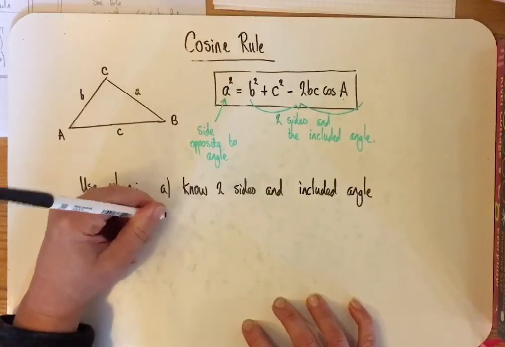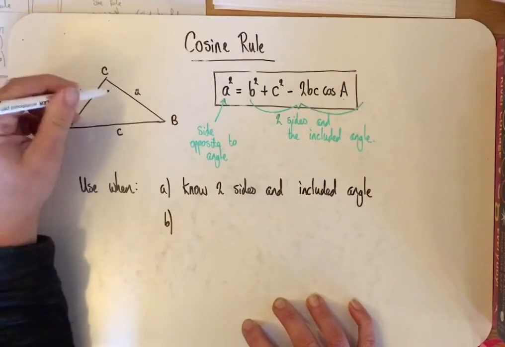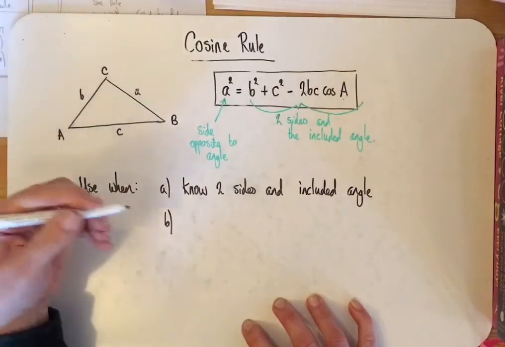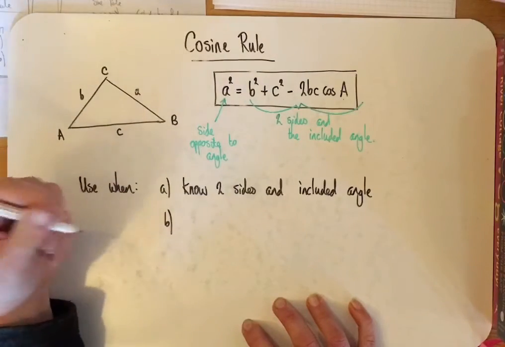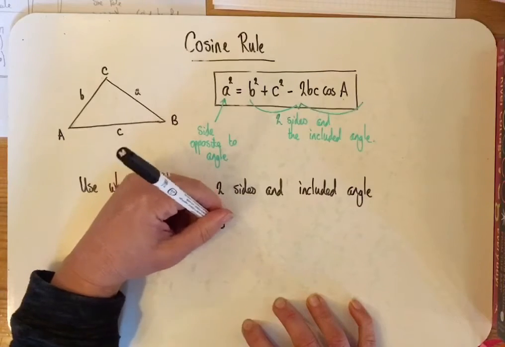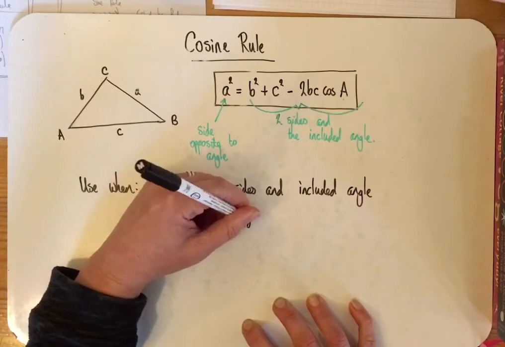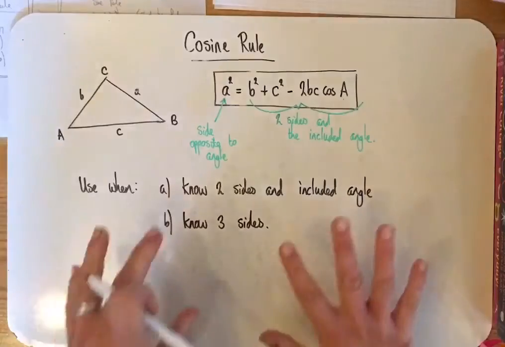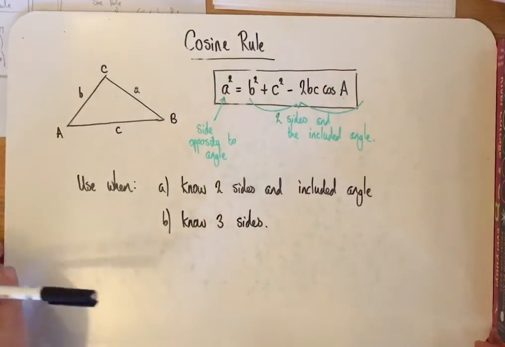The second scenario for using the cosine rule is when you know all three sides and you want to find an angle. So I'll go over one of each of those.